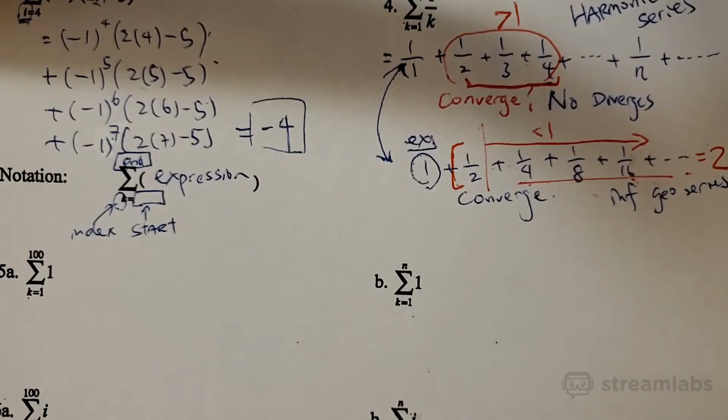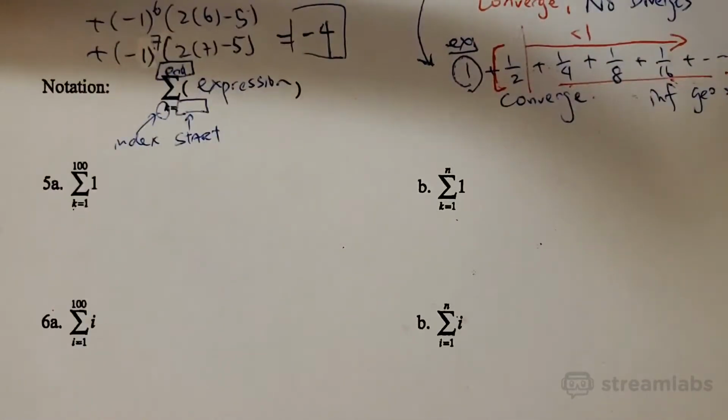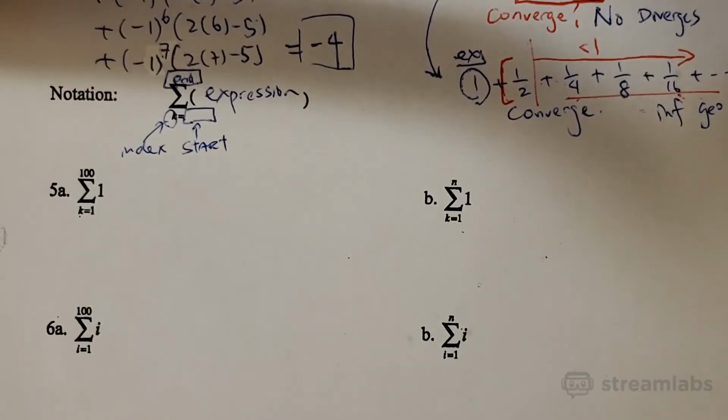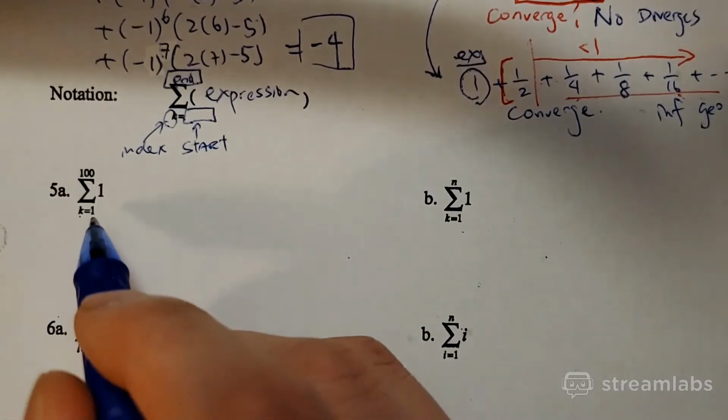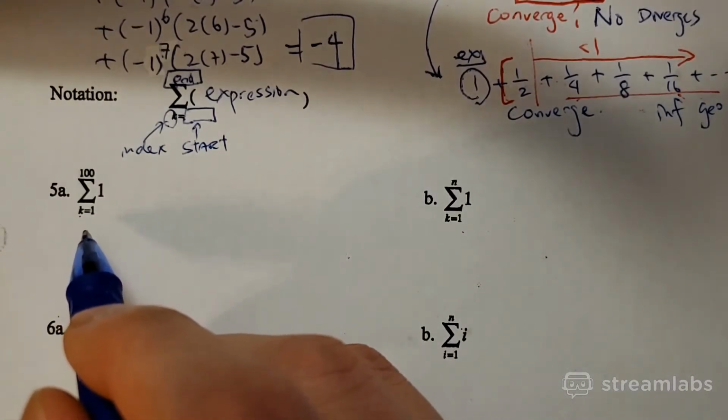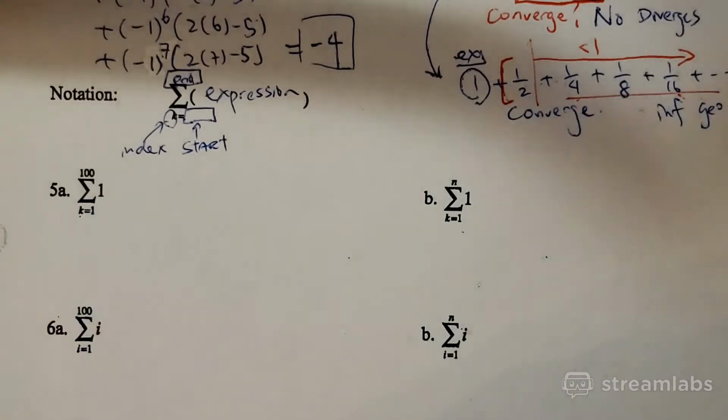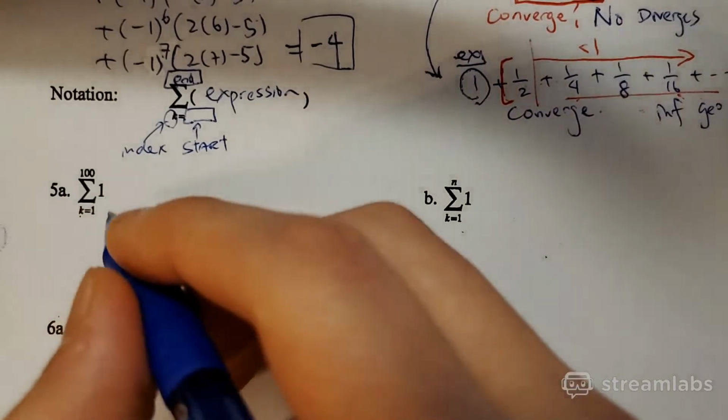Cool. So, I want to go over a few things. So, here. Let's look at this. If I have k equals 1 to 100 and the expression is 1, what am I adding?